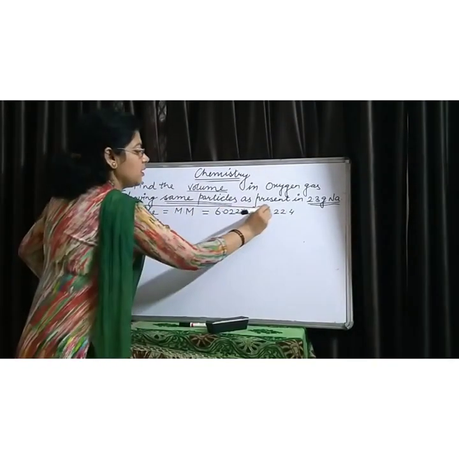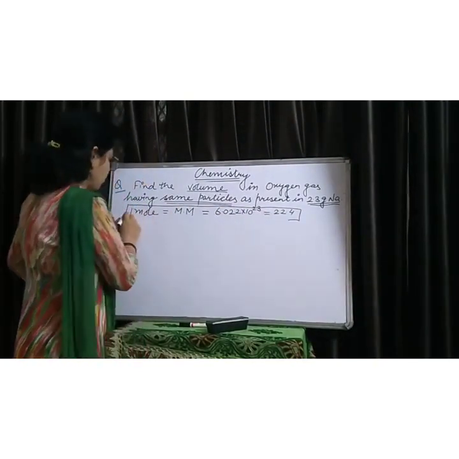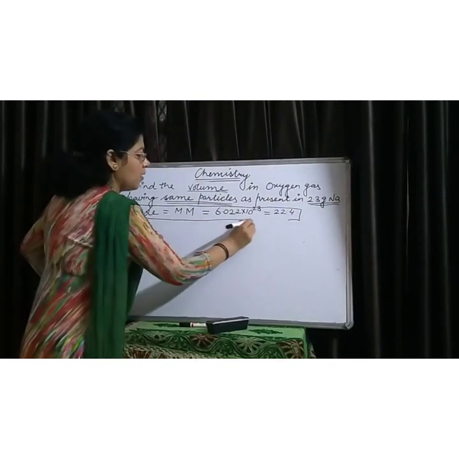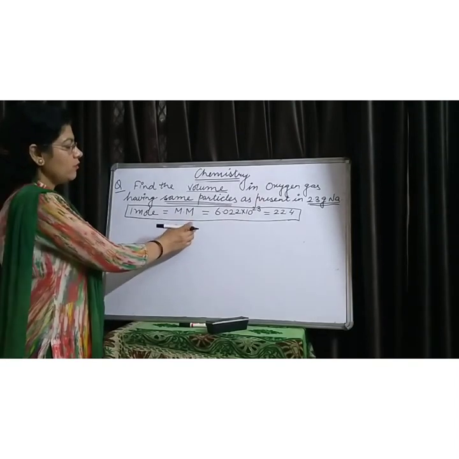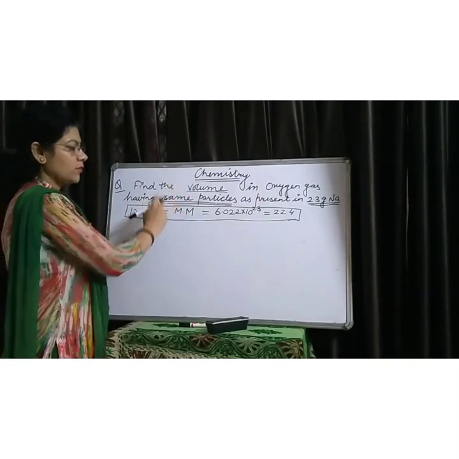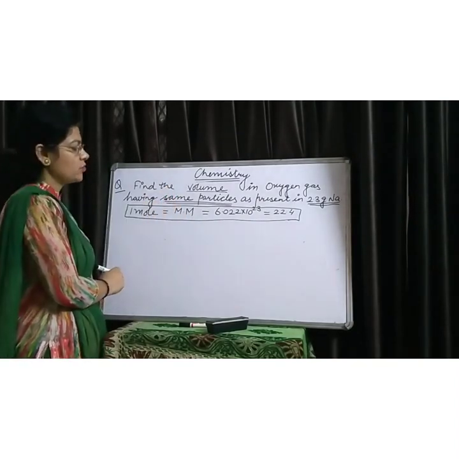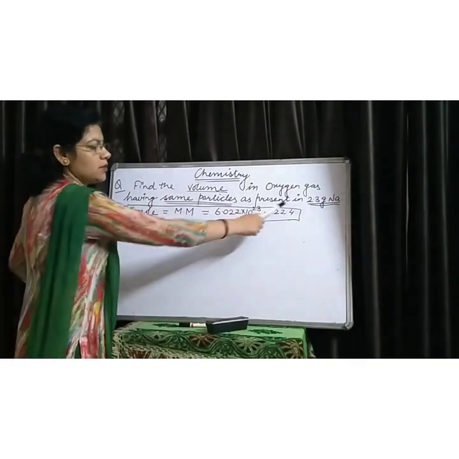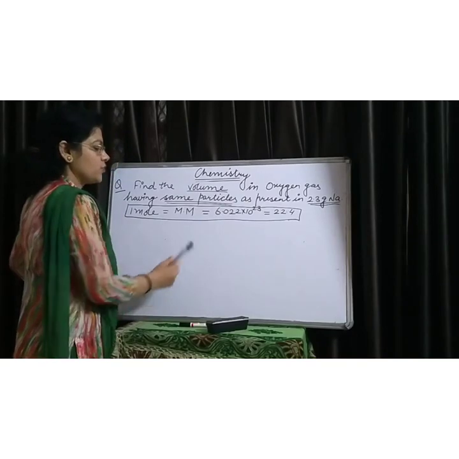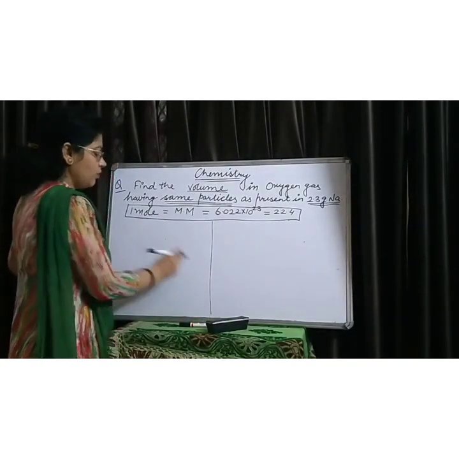This is the basic concept of mole. By using this concept, we have to solve this question. First, we have to find the number of particles in 2.3 gram of sodium. So solve this question.